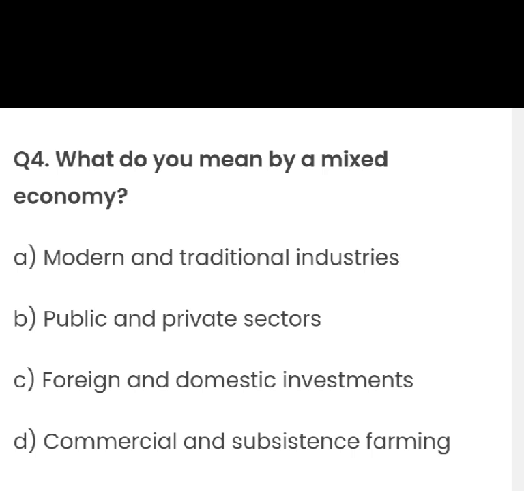So we know that a mixed economy basically stands for an economy where the essence of capitalism and socialism both exist. And here in the given 4 options, only the second option fulfills that requirement. That means public and private sectors, both sectors exist in a mixed economy.